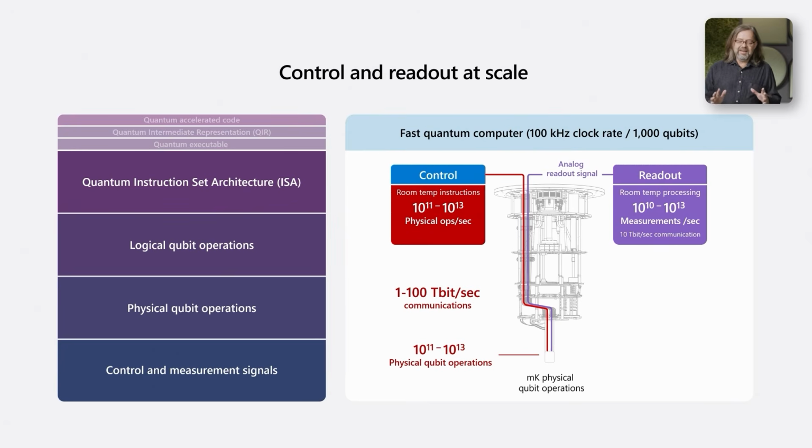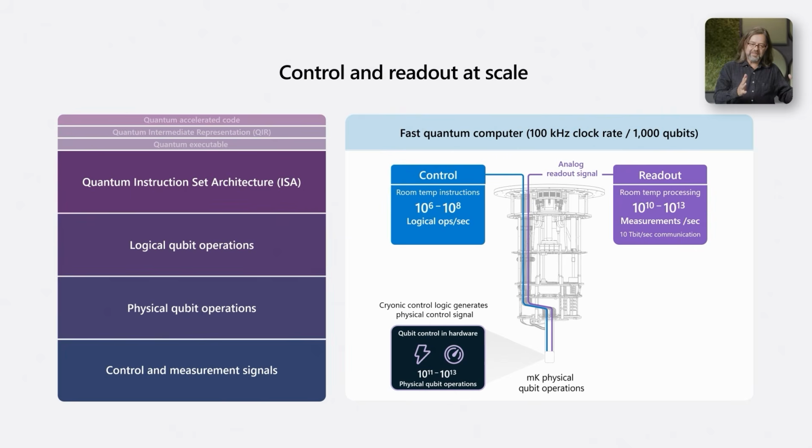Hence, the idea is to send only the logical operations down. And for logical operations, we had about 1 million to 100 million, so I'm sending down not more than a gigabit a second. That is totally feasible. But then I have to convert these logical operations in the cryostat at low temperatures into physical ones, going from the 10^8 logical operations to up to 10^13 physical ones.